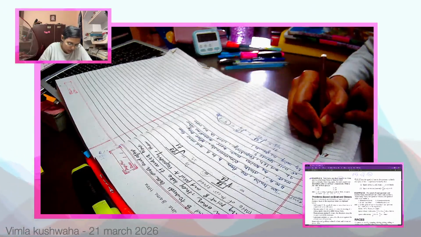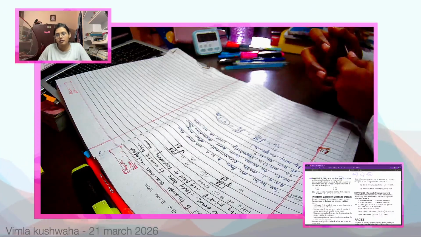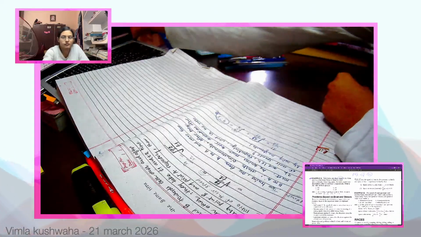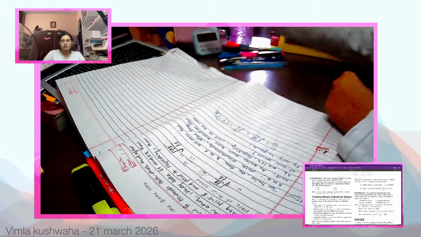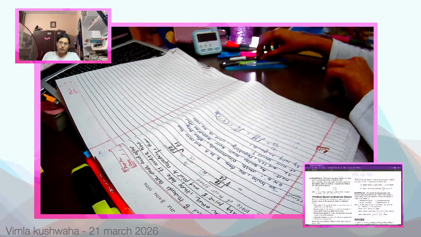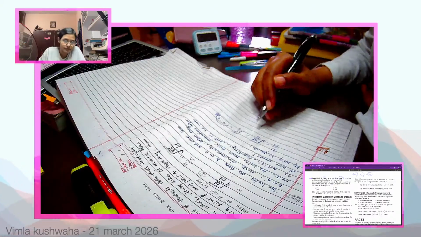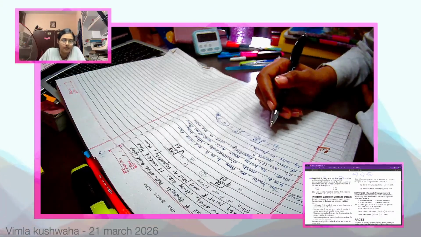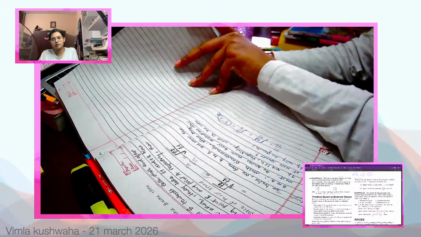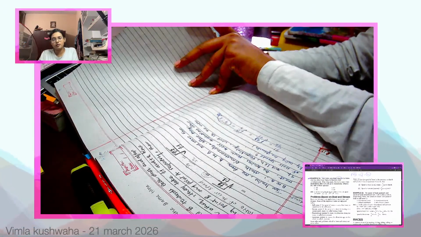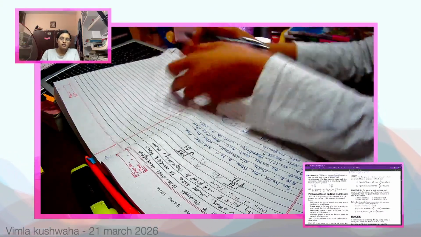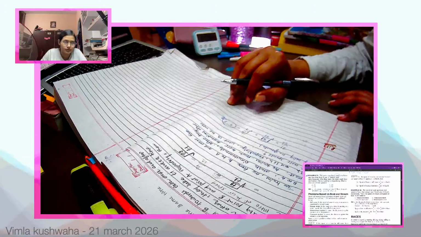We have rule number 11, and rule number 11 is the problem based on boat and stream.